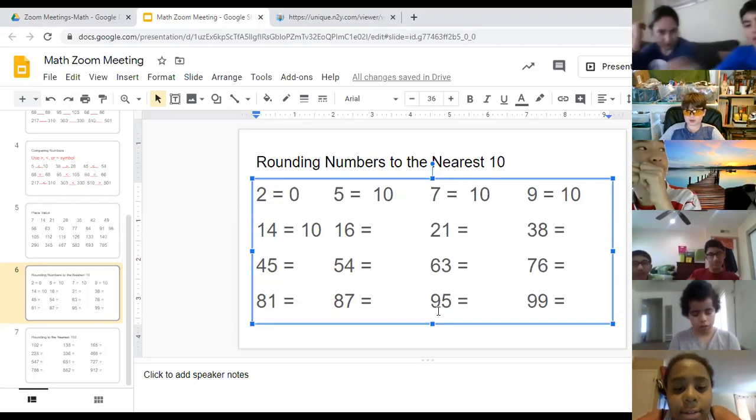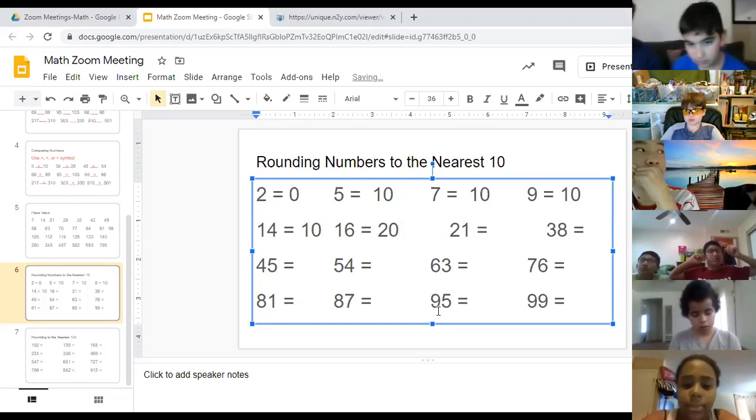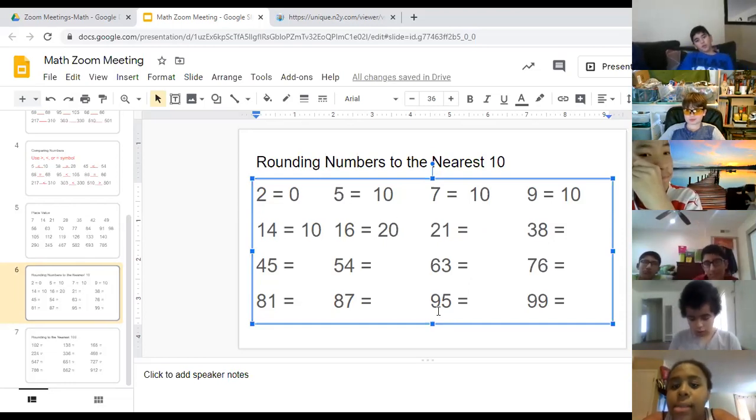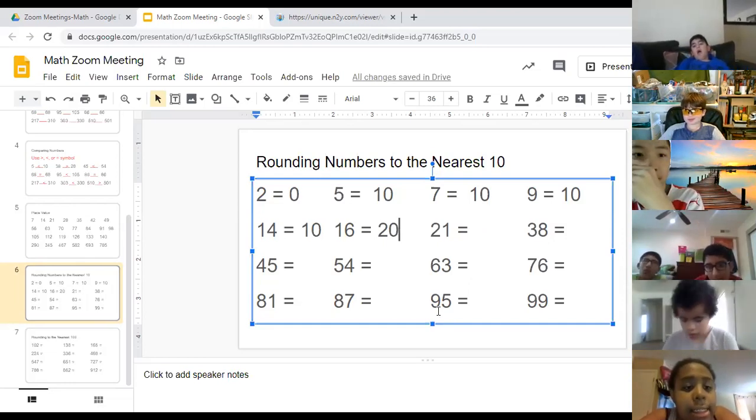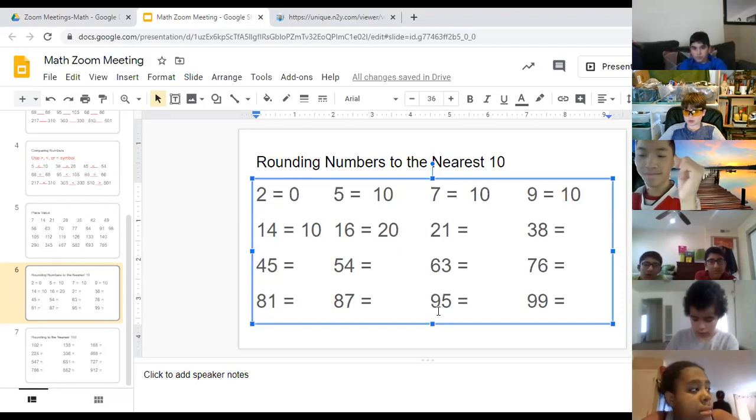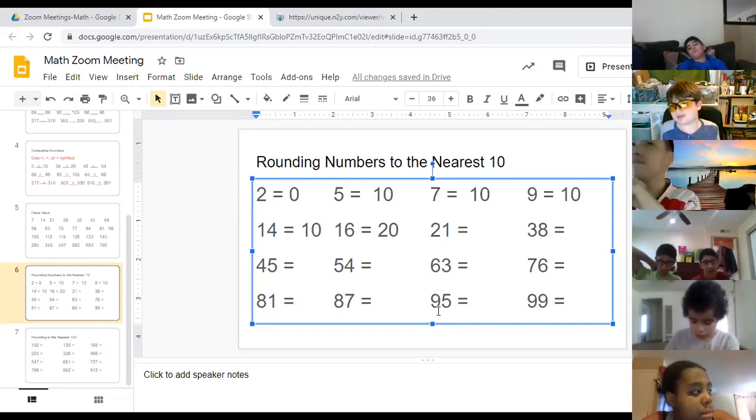Very good. So when we round 16 to the nearest 10, it becomes 20 because it is above the halfway point. What is the halfway point for 10 and 20? It's 15, right? So 16 is above the halfway point, so it becomes 20.